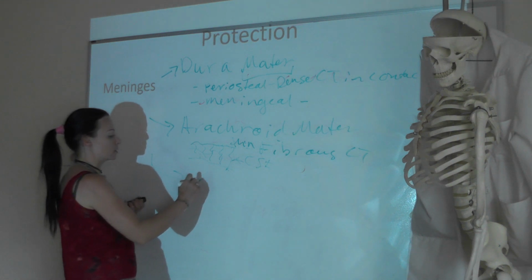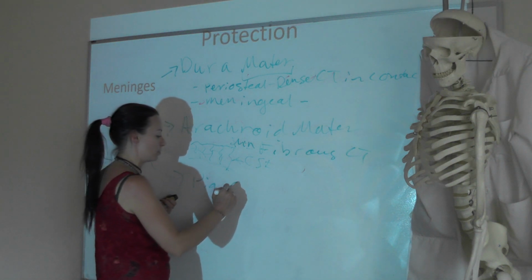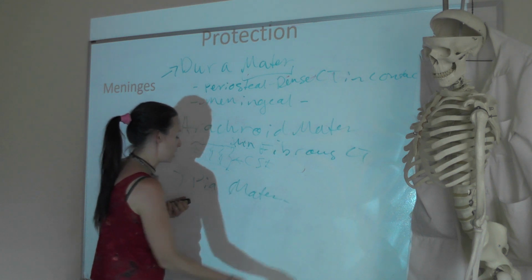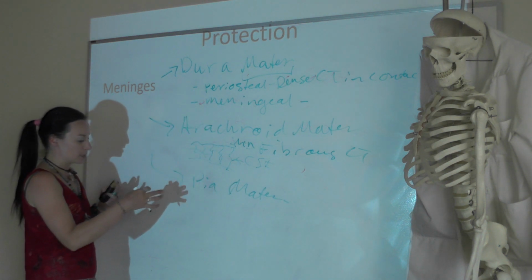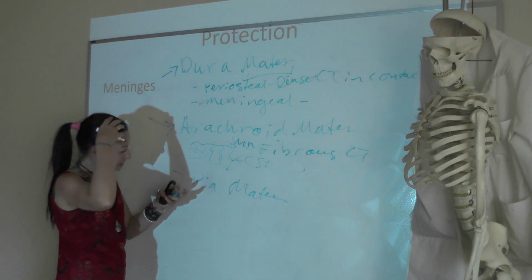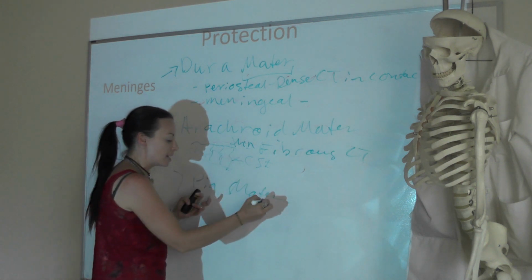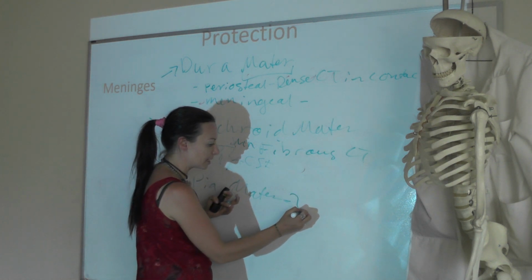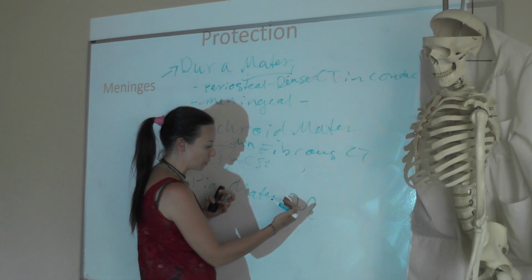The innermost layer is called the pia mater, the gentle mother. And this is going to be the layer that's loose fibrous connective tissue that's hugging the brain tightly and dipping into the sulci.